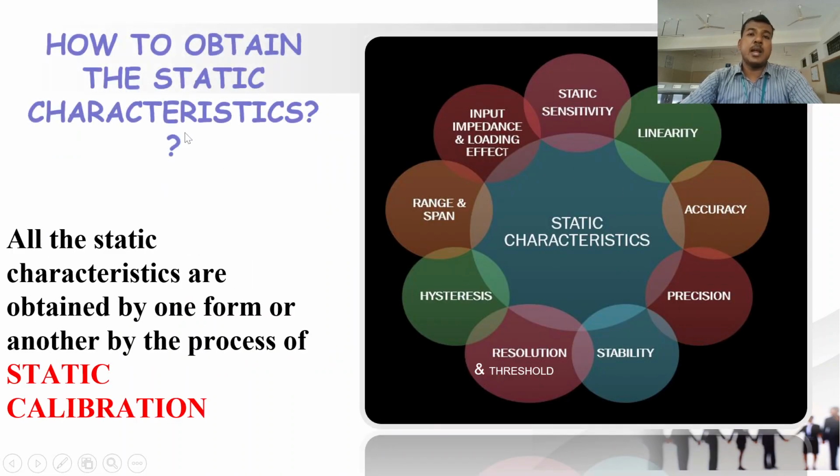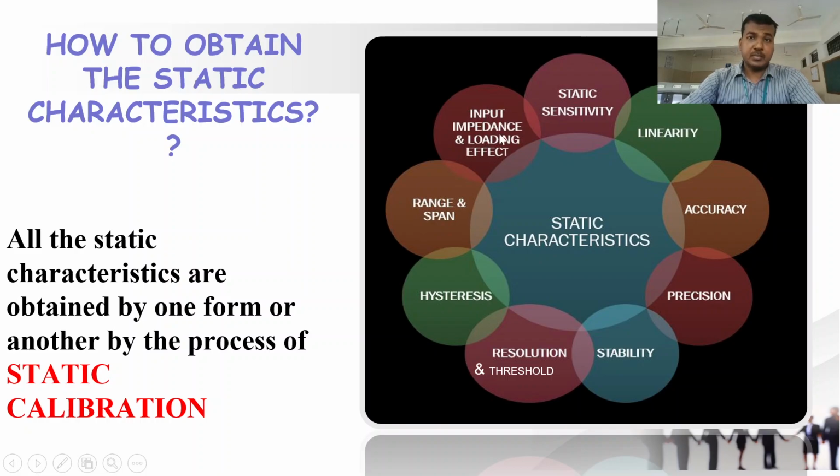And in this slide we will learn how to obtain the static characteristics. There are totally 9 parameters which define the static characteristics. The first one is static sensitivity, the second one is linearity, then accuracy, precision, stability, resolution and threshold, hysteresis, range and span, then input impedance and loading effect.